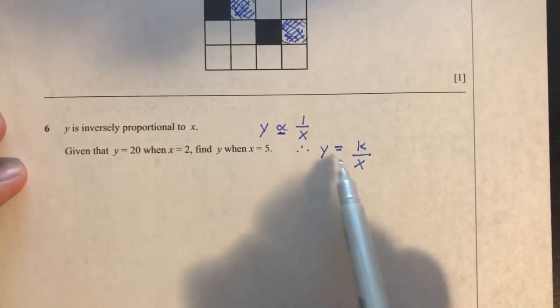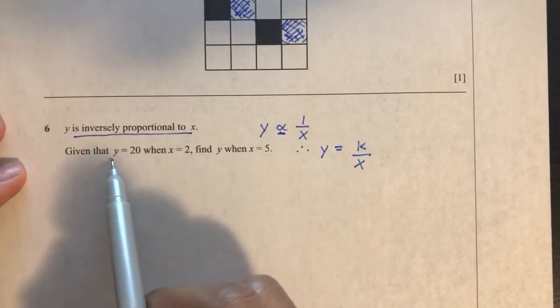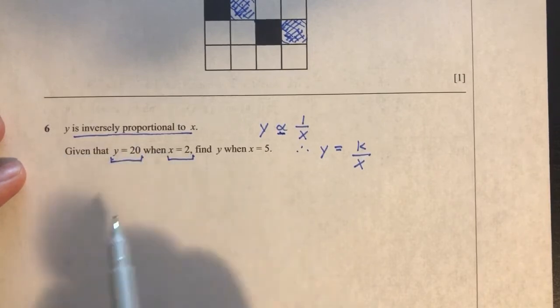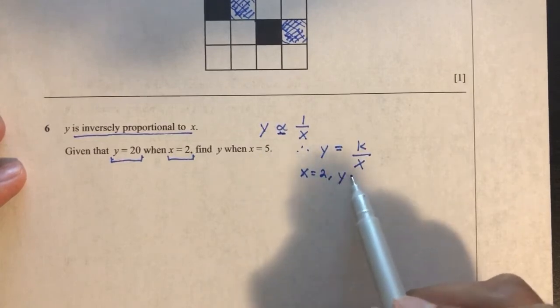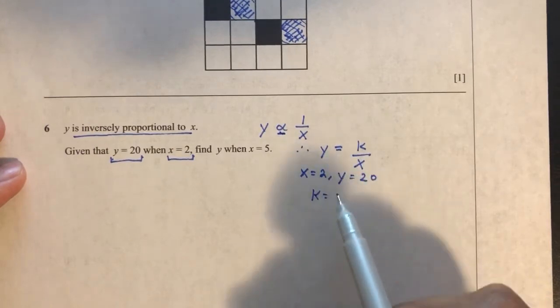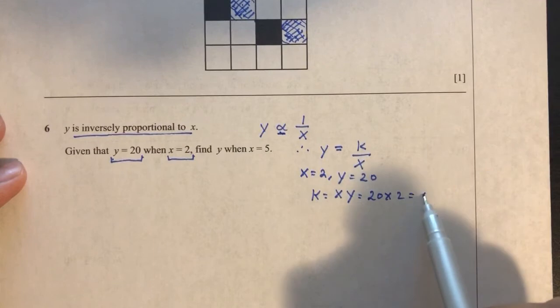So we have this equation representing this information. Now it tells us that y equal to 20 when x equal to 2. Let's find the value of k. k will be x times y, which is 20 times 2, that is 40.